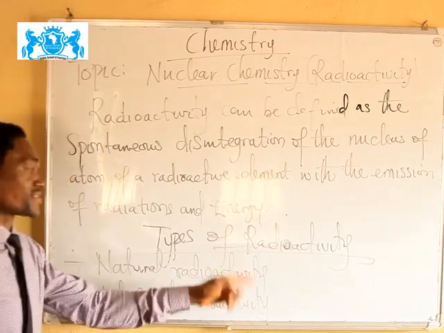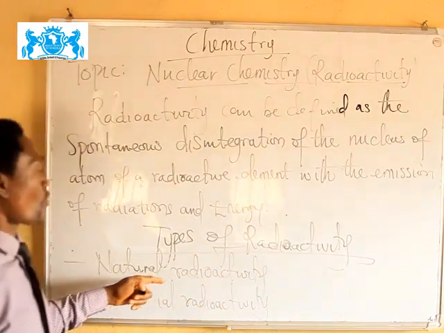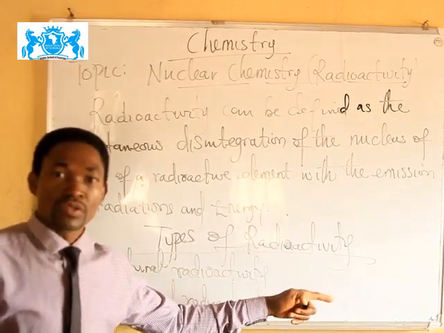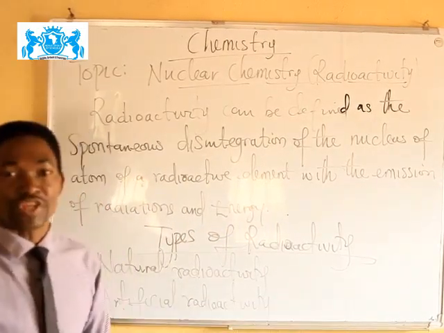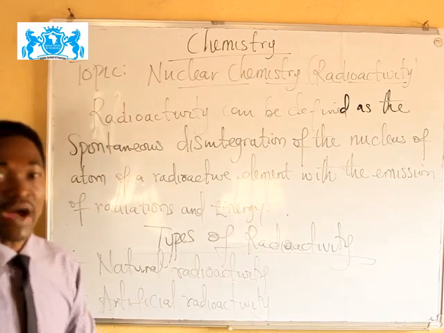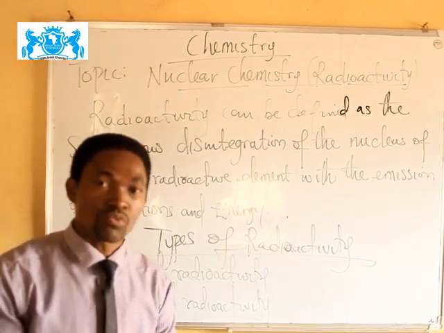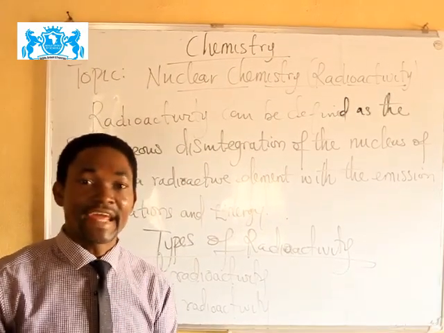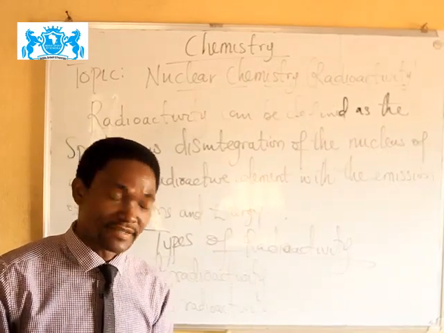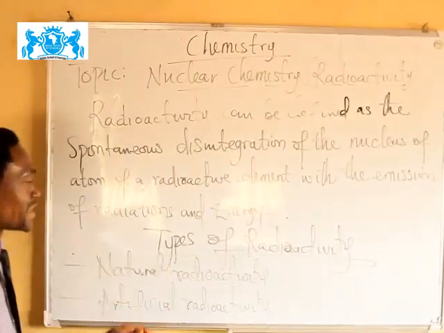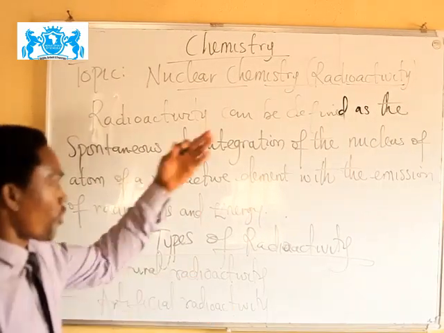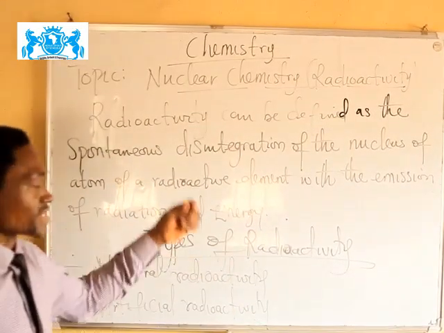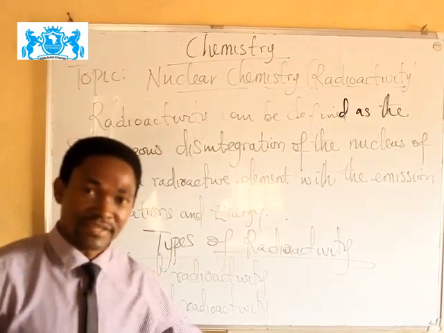As the name implies, natural radioactivity occurs on its own in a radioactive element, spontaneously and continually, without being aided by any cause. In the course of that radioactivity, of course, radiation and energy are liberated.